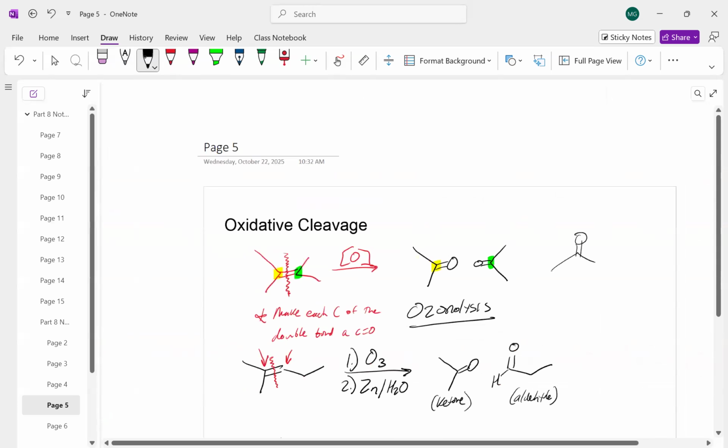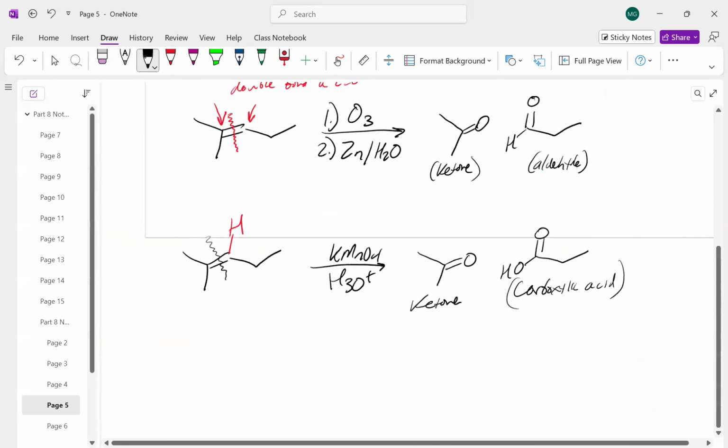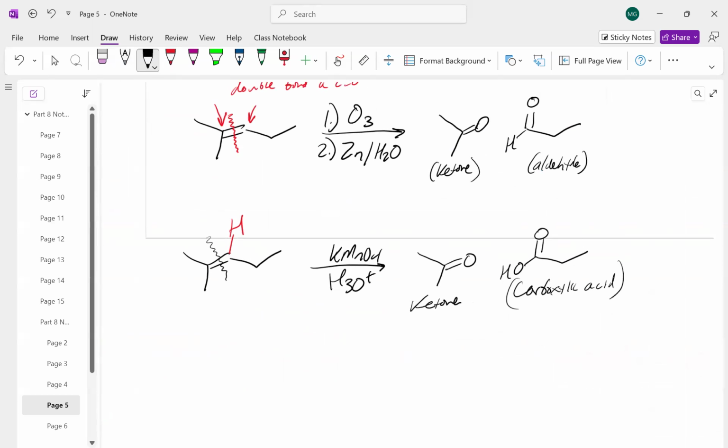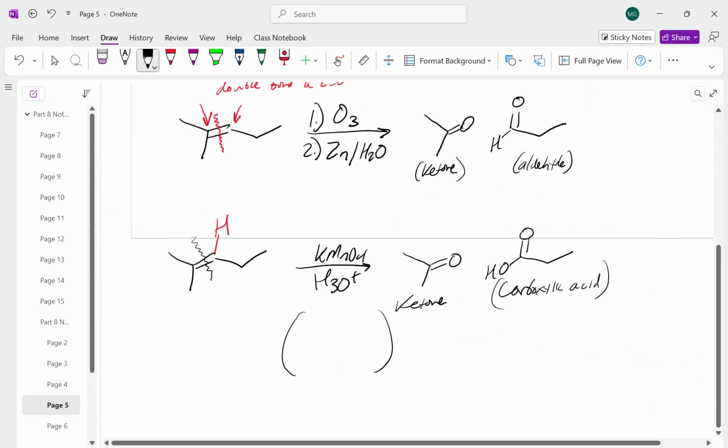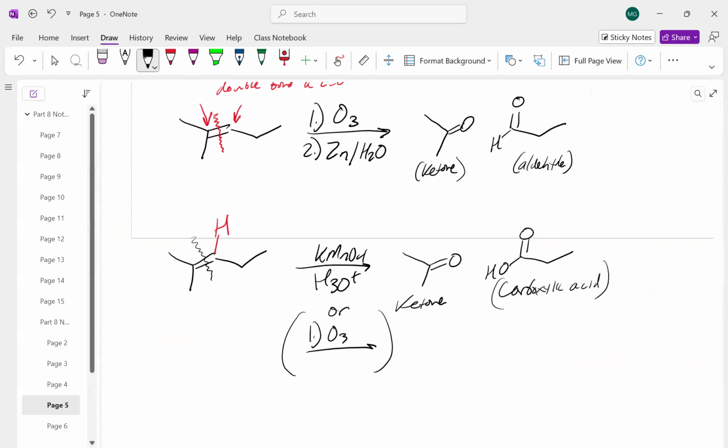So KMnO4 only affects it if there's a hydrogen on the carbon of the double bond. Alternatively, you might see this in some textbooks. You can still use ozone, but instead of zinc, if we use another oxidizing agent like hydrogen peroxide, that will do the same thing as potassium permanganate.